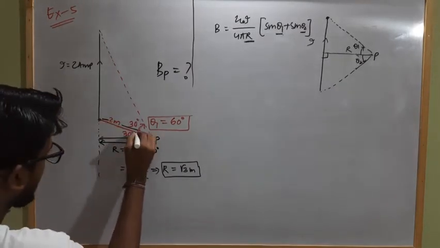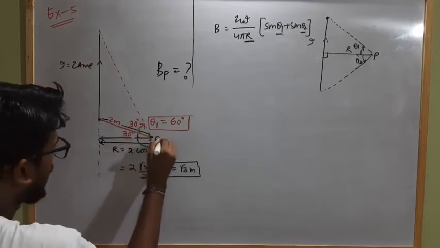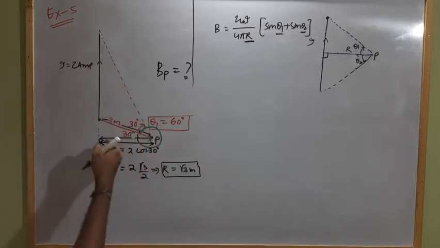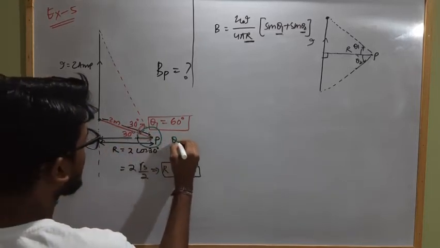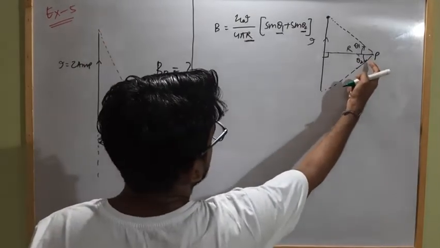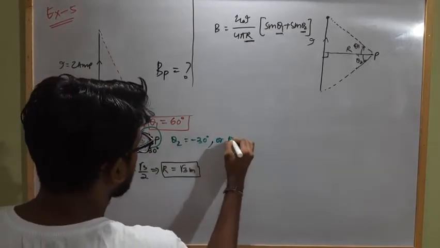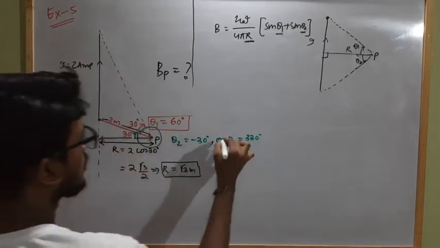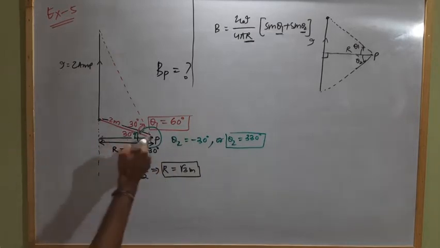If this much angle is 30 degree in clockwise, then in the opposite direction theta2 equals minus 30 degree, because it is in anti-clockwise sense while this angle is in clockwise sense, or theta2 equals 330 degree in anti-clockwise sense. Clear? So we get the values of theta2, theta1 and r for this point of observation.